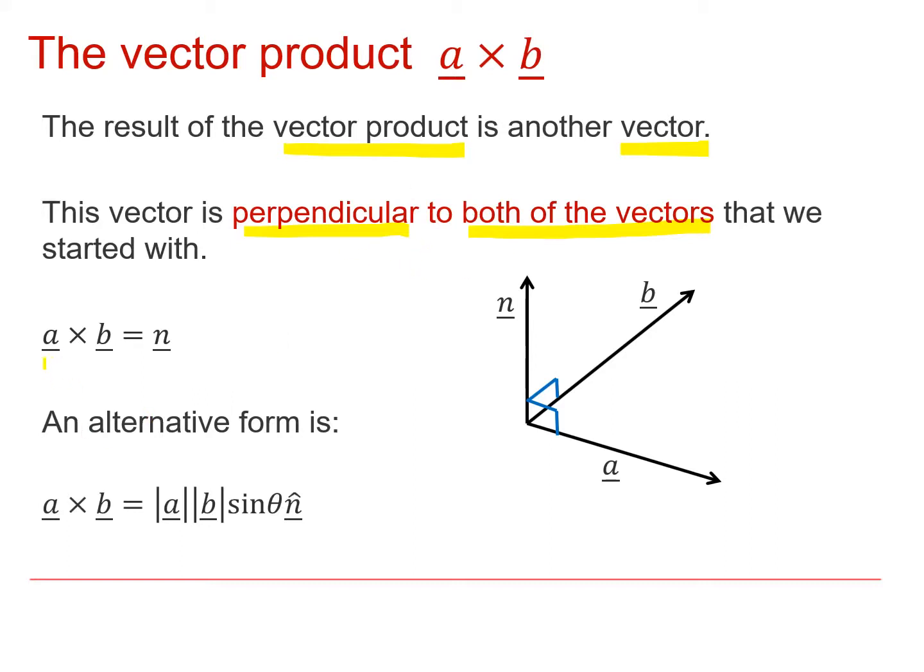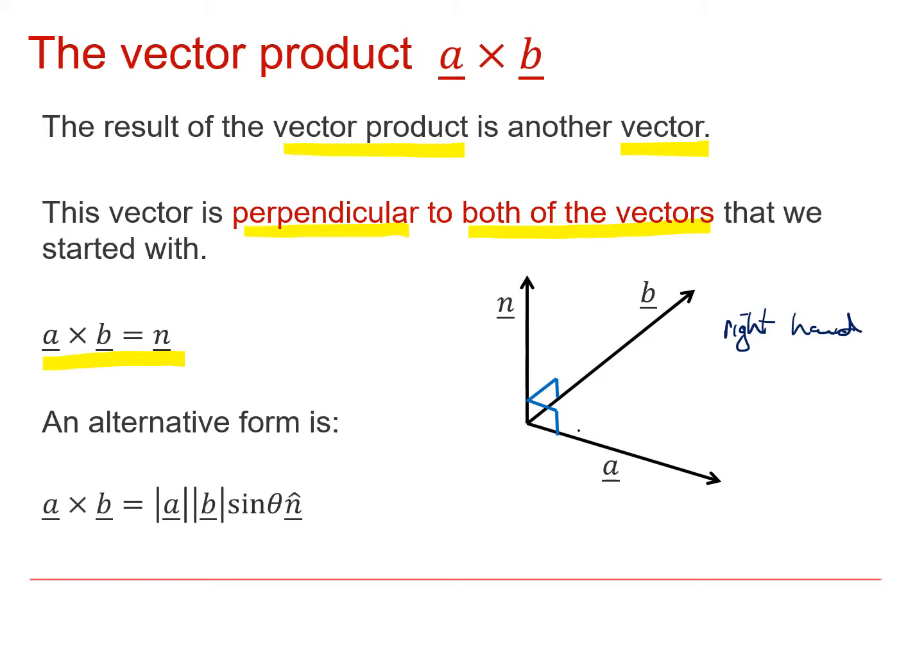We have A cross B equals n, where n is some vector which is perpendicular to both A and B. If you look at this diagram here, I've got A and B, and n is perpendicular to B and perpendicular to A. A, B and n form what's called a right-handed system.